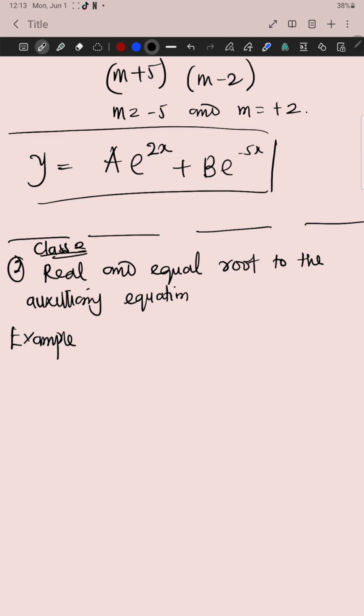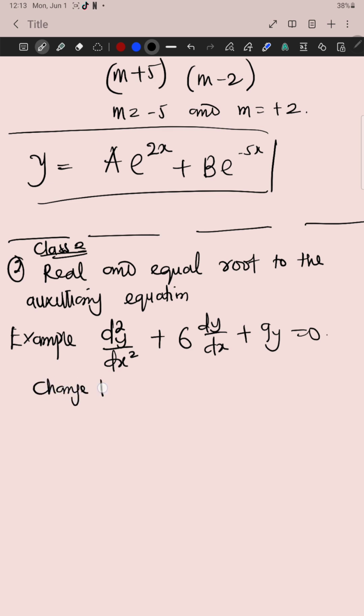Let's take an example. Our example will be d squared y over dx squared plus 6 dy over dx plus 9y is equal to 0. Did you see that? So converting this to the auxiliary equation, what we have is m squared plus 6m plus 9 is equal to 0.